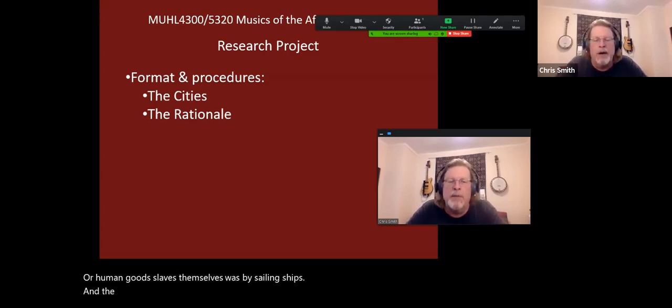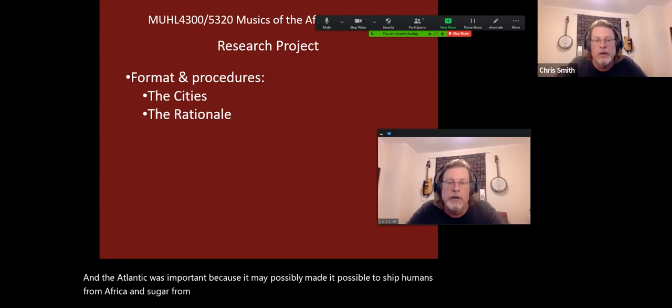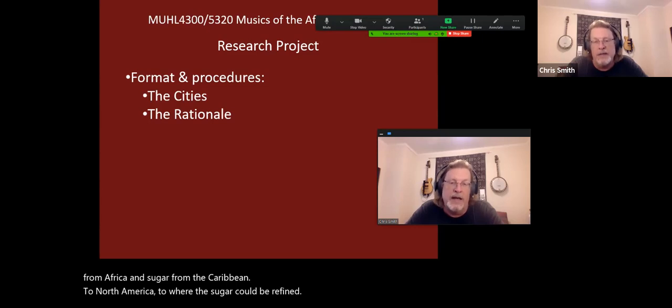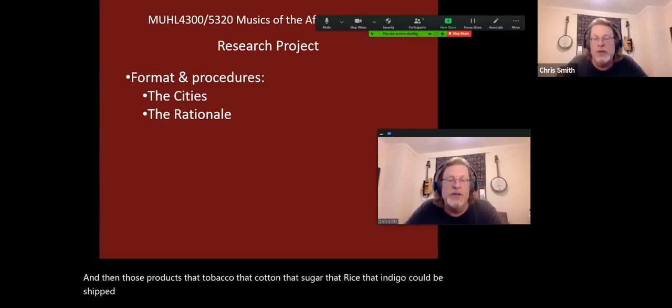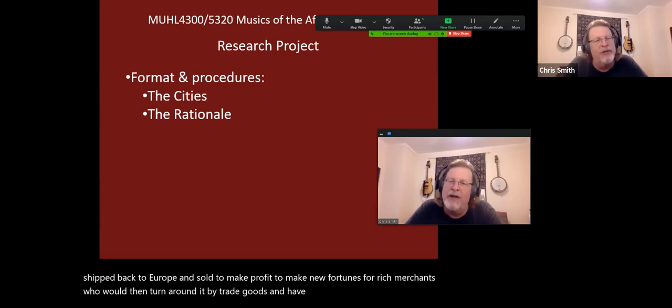And the Atlantic was important because it made it possible to ship humans from Africa and sugar from the Caribbean to North America, to where the sugar could be refined, and then those products, that tobacco, that cotton, that sugar, that rice, that indigo, could be shipped back to Europe and sold to make a profit, to make new fortunes for rich merchants who would then turn around and buy trade goods and have their captains sail back to West Africa and buy more slaves.